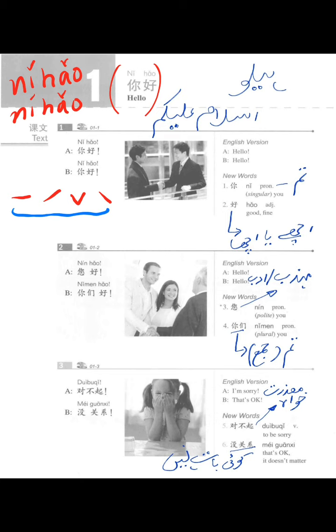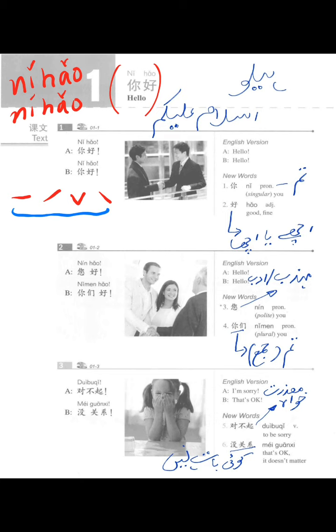So a word which could be pronounced like ni hao will be pronounced like ni hao. The first third tone mark in a word of two words, if two third tone marks are following each other, then we change the first third tone mark into second tone mark, which is actually a rising tone, and the second third tone mark remains at its own place.